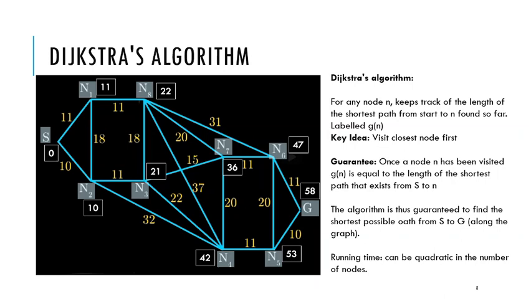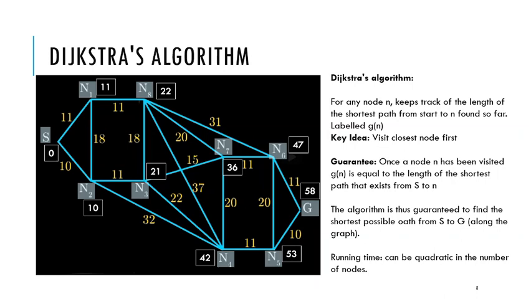And one additional question is, now that you have the length of the shortest path, and from start to goal the shortest length is 58, what is the actual path that has this length 58? To compute the path and not just its length, you have to do a little more bookkeeping.